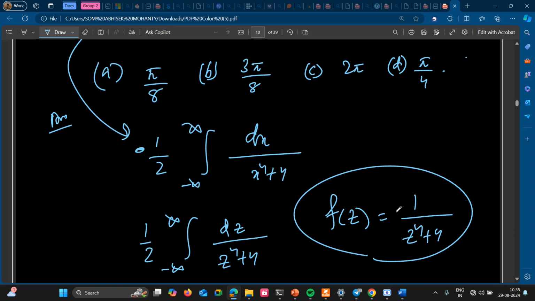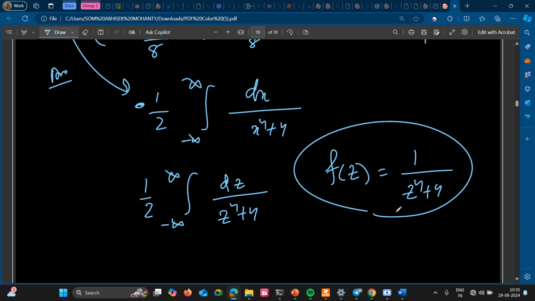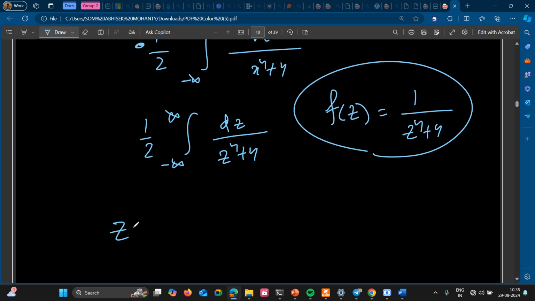Okay. Now how to get poles? Poles we can get if we equate the denominator to 0. So how do I do it? z to the fourth is equal to minus 4. Is there any way to solve it?